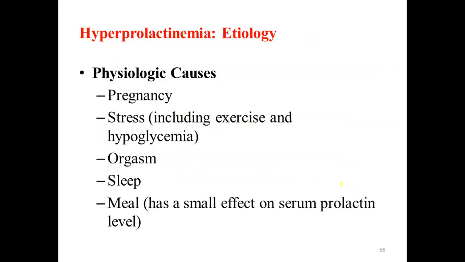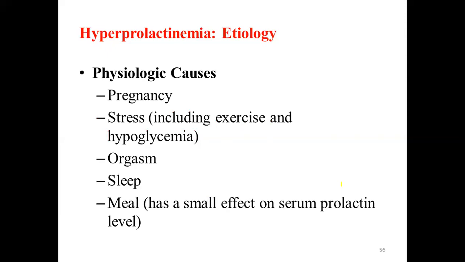Then, what causes a high level of prolactin, or what are the major etiologies for a high level of prolactin? There are various causes. Some of them are physiological, such as pregnancy, estrus, sleep, and even meals.